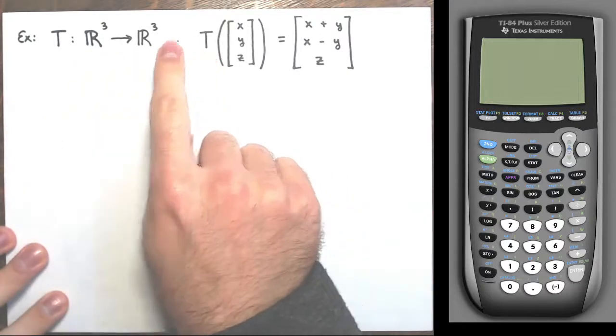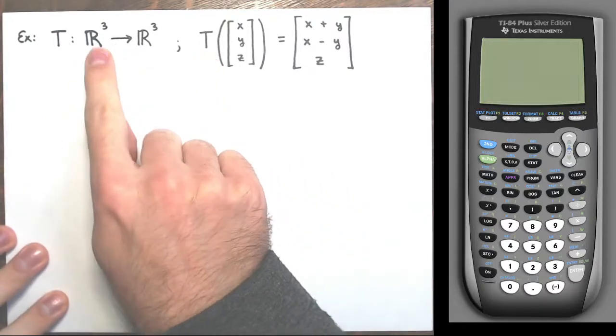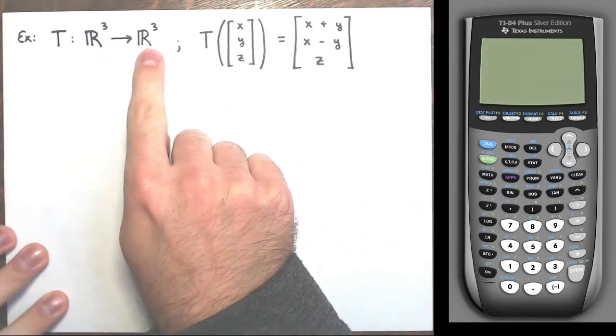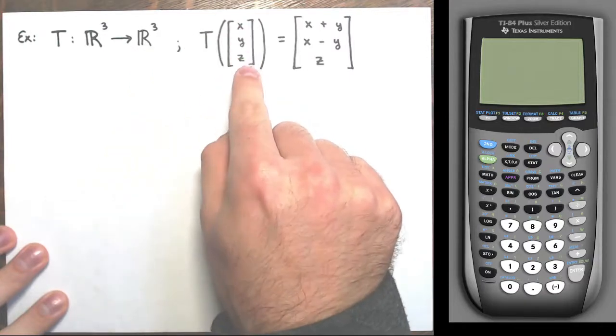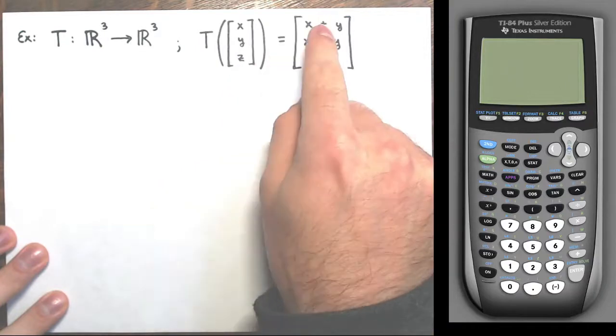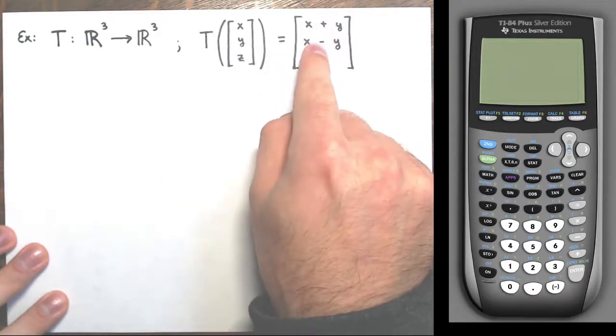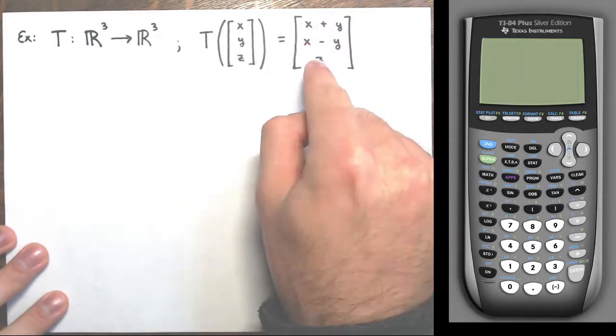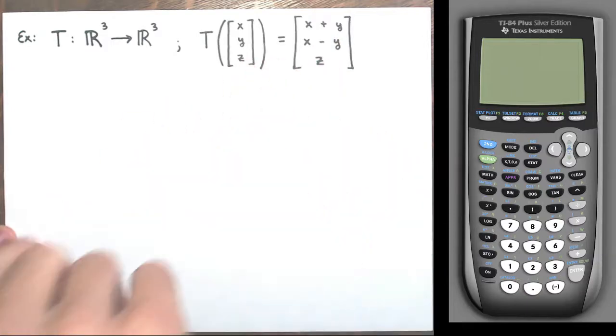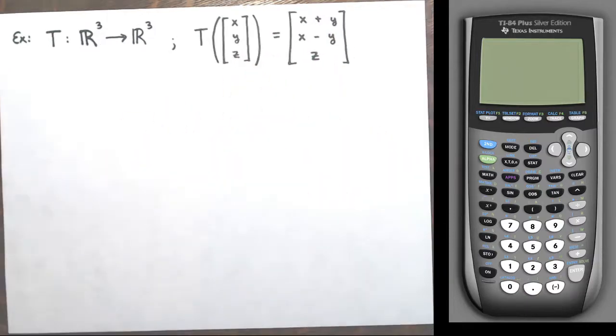Here, my inputs are vectors with 3 components. My outputs are vectors with 3 components, both from R3. So T of (x, y, z) equals x plus y for the first component, x minus y for the second component, and then just the same third component as the input, z.